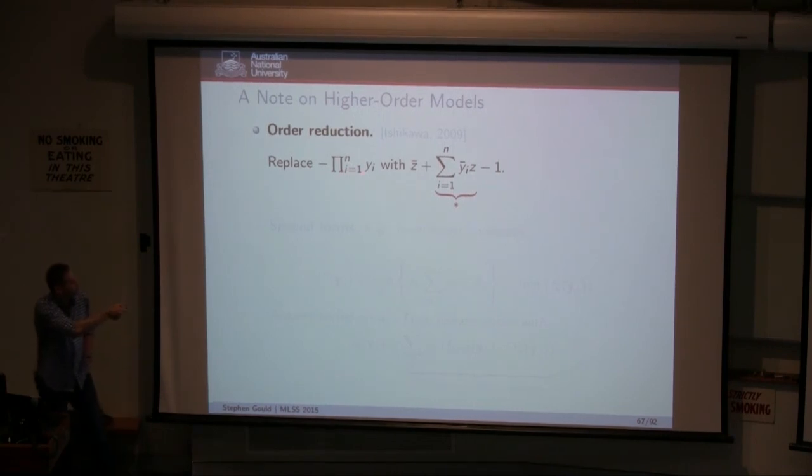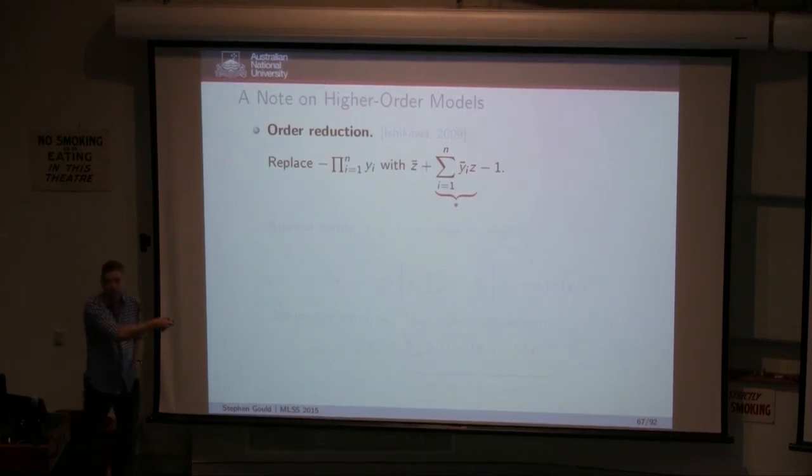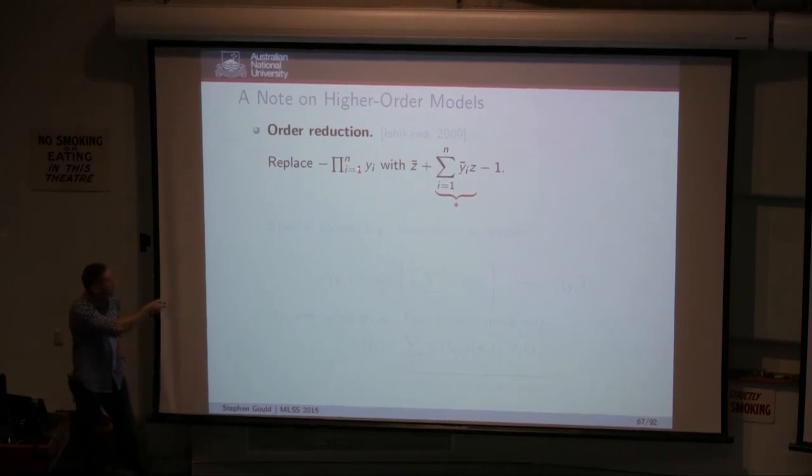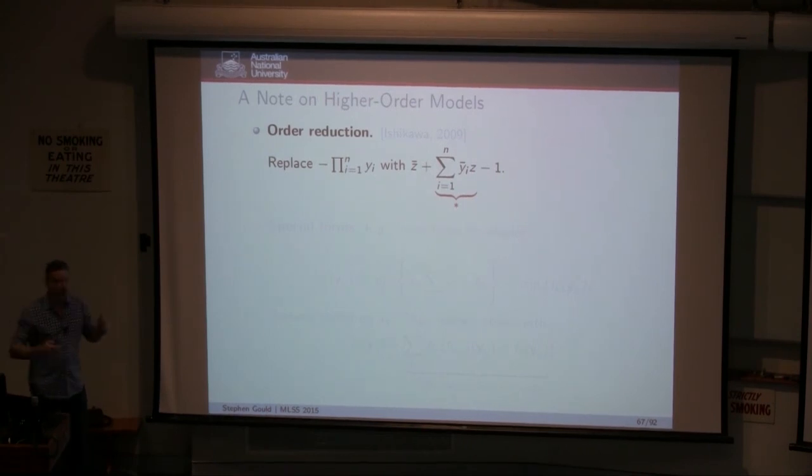Minimizing the expression here over variables y is equivalent to minimizing this expression jointly over y and z. The key difference is that here we have an expression which only consists of order 0 and order 1 terms, so quadratic terms at most, whereas here we have an expression which consists of much higher order terms.